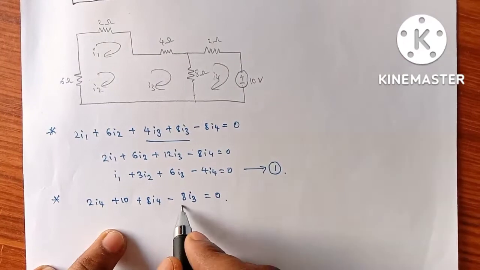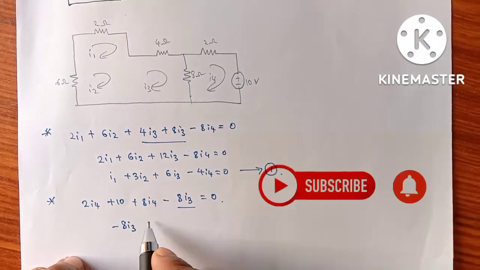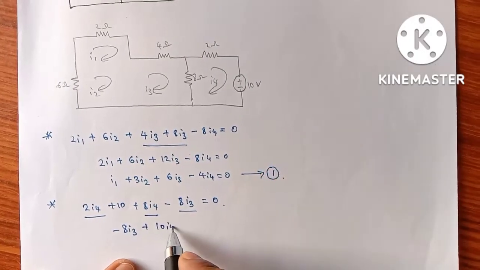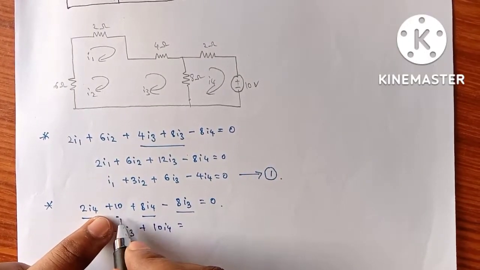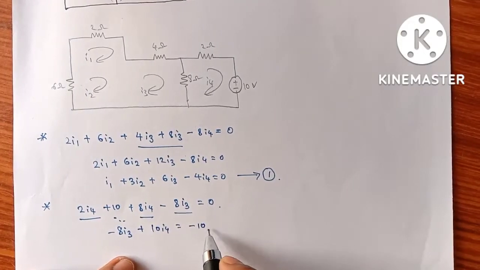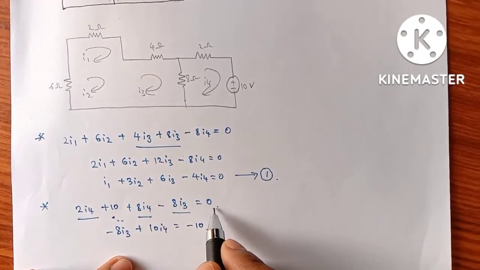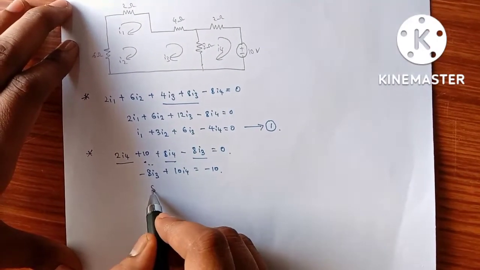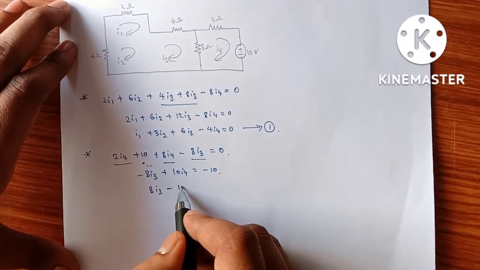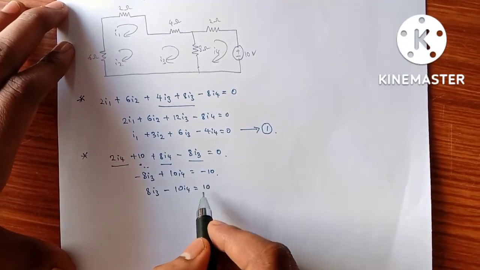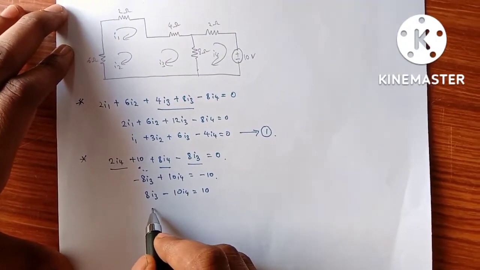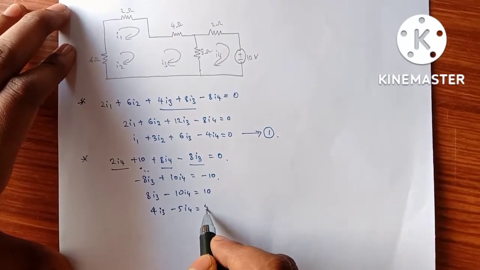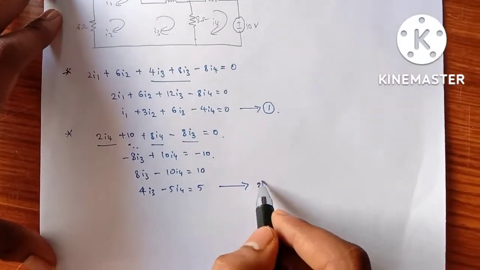Now on writing this, minus 8I3 plus 10I4 equals minus 10. Taking the 10 to the other side and minus as common, 8I3 minus 10I4 equals 10. Again taking 2 as common, 4I3 minus 5I4 equals 5. Consider this as equation 2.